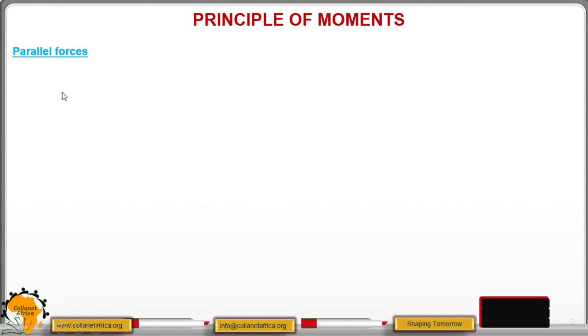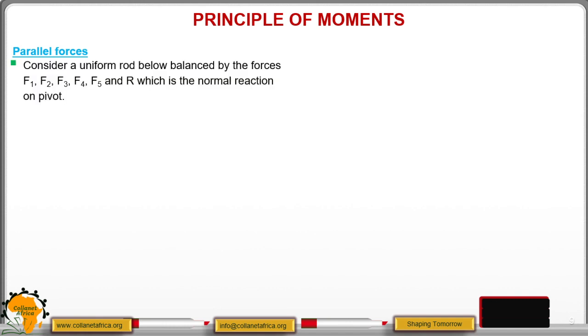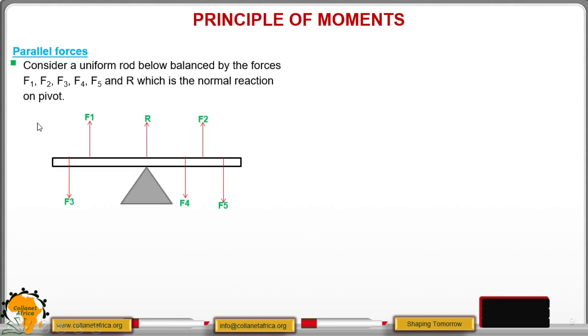Let us proceed to what we call the parallel forces. We need also to know what will be the moment of parallel forces. Let us consider a uniform rod below, balanced by the forces F1, F2, F3, F4, F5, and R. R is now the weight, which is the normal reaction on the pivot.